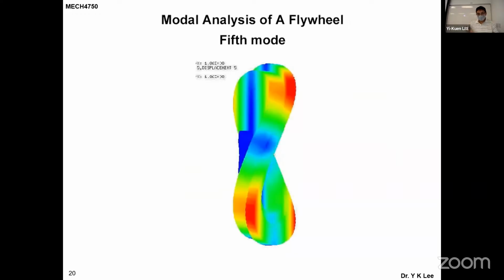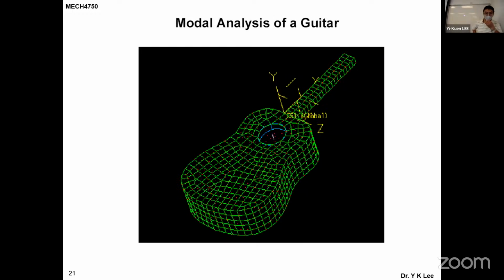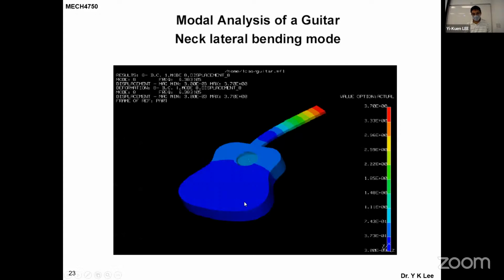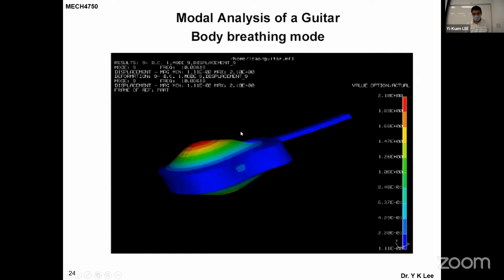Once you have a three-dimensional mechanical structure, your vibration can be complicated. And of course, I'll show you the modal analysis of a guitar: the first neck bending mode, neck lateral bending mode, and body breathing mode.